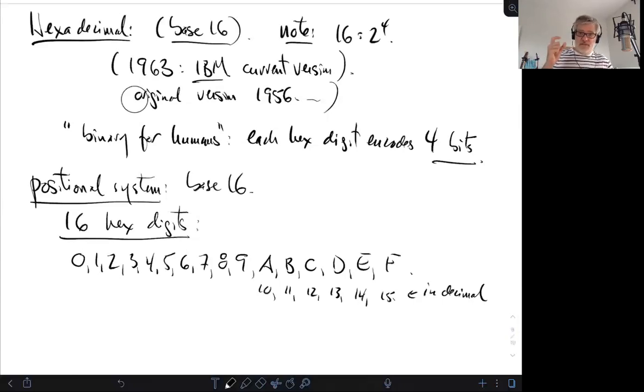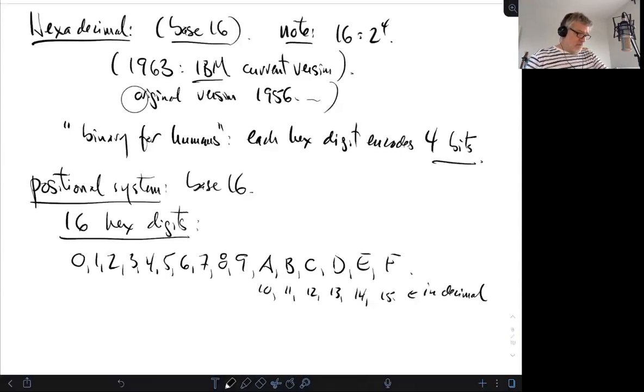So we have a single symbol that's worth 12. That symbol is C. We need a digit for each number between 0 and 15, so the convention is we use capital A, B, C, D, E, F.